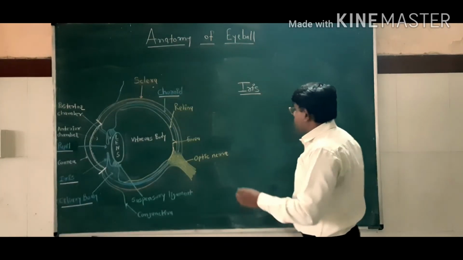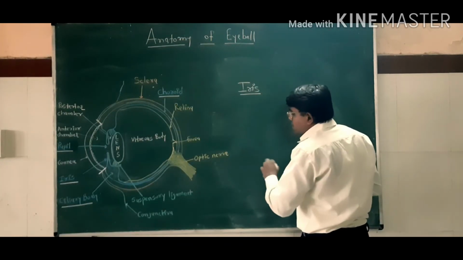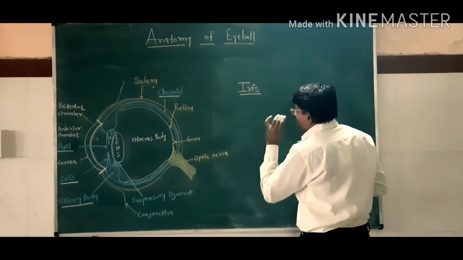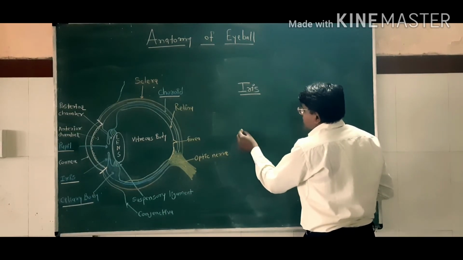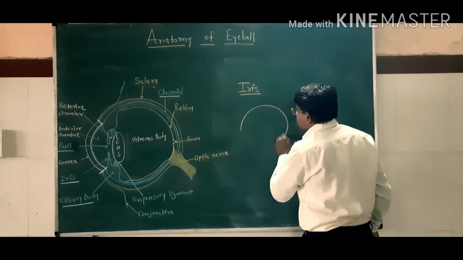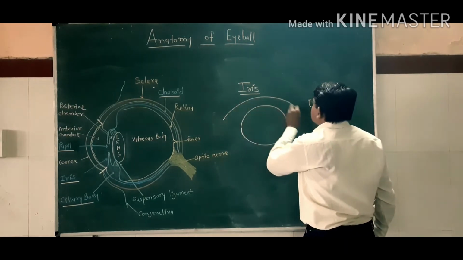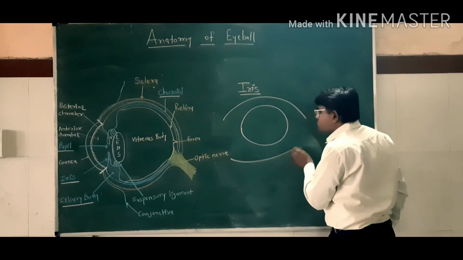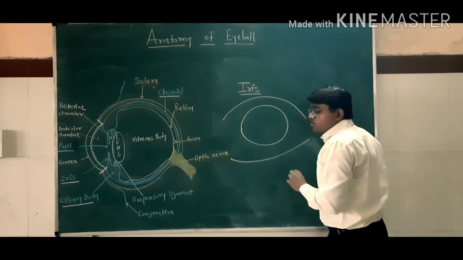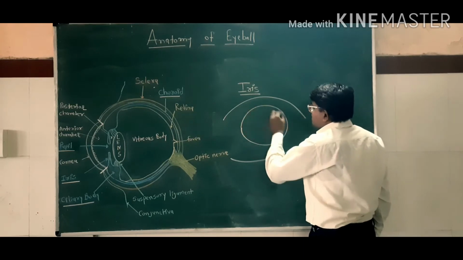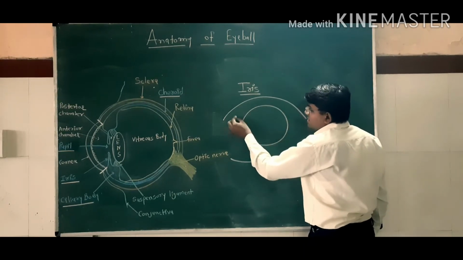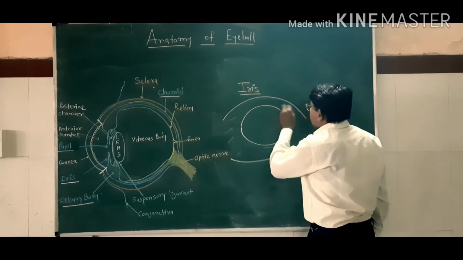Okay. So if we see it in the front view, it looks like this. Here is the eyeball. Here are the eyebrows. In this eyeball, this dark, black area, and this white area.